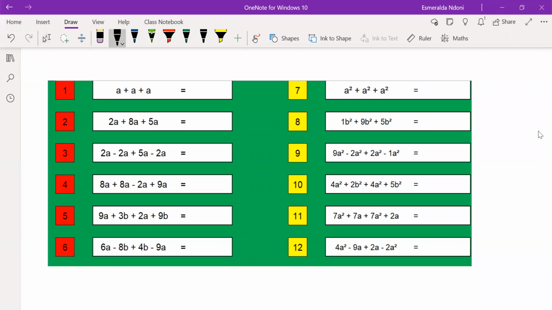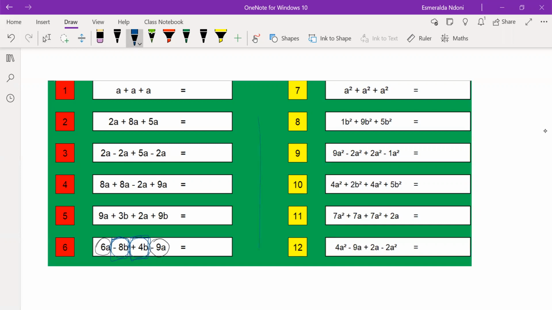So if I have 6a take away 8b plus 4b take away 9a, first thing I need to do, I need to collect the a's together. Then I need to collect the b's together with the sign. I did them in different colors, but again, it would be better if you did different shapes because you don't have different colors. 6a take away 9a, number line.